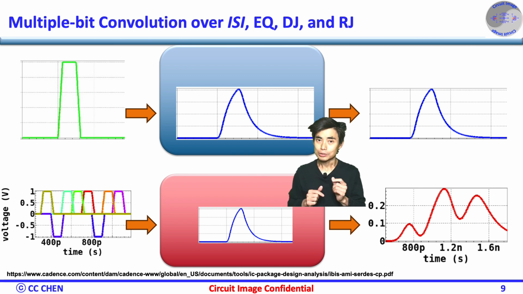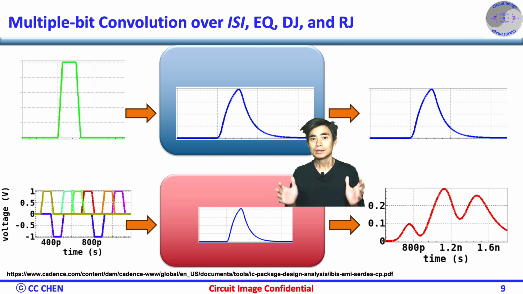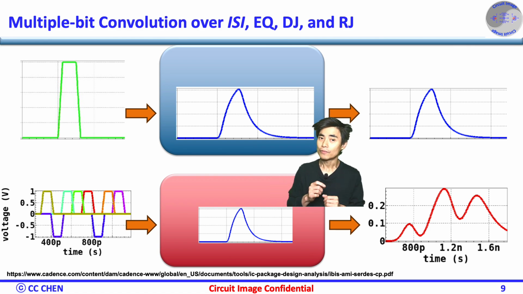This single shot response convolution over a series of bit streams in a super precision can capture or verify the following behavior, including ISI, equalization, DJ, and RJ over multiple bit periods. Then the eye opening evaluation over budget can be verified for a very low bit error rate target.